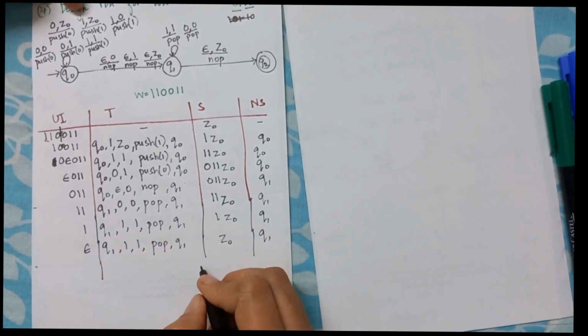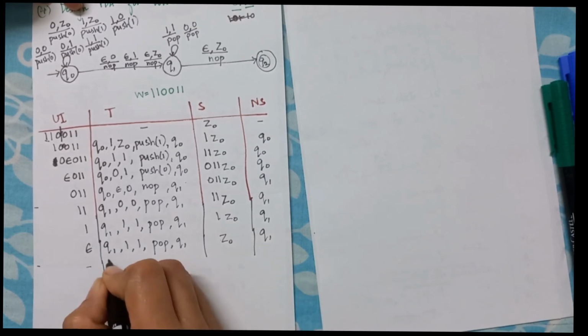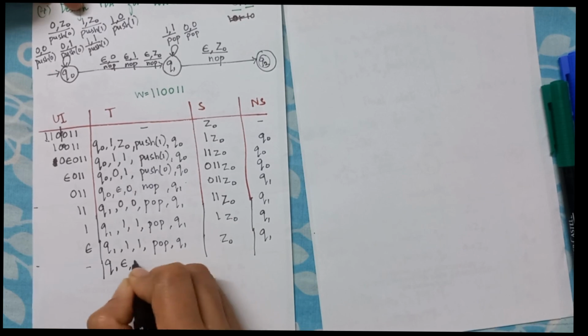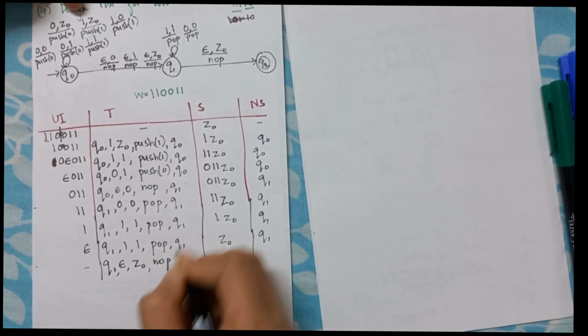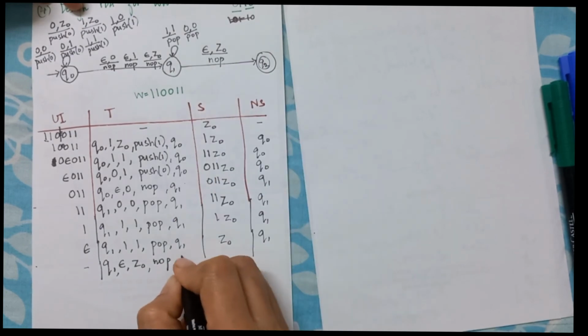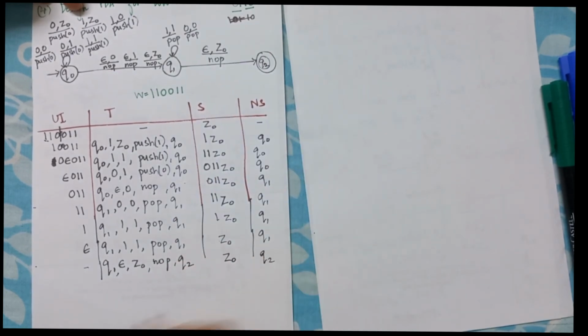And here Q1 with epsilon, Z0, I do not do any operation, it just takes me to my final state. And I write the conclusion that since final state is reached, the string is accepted by PDA.